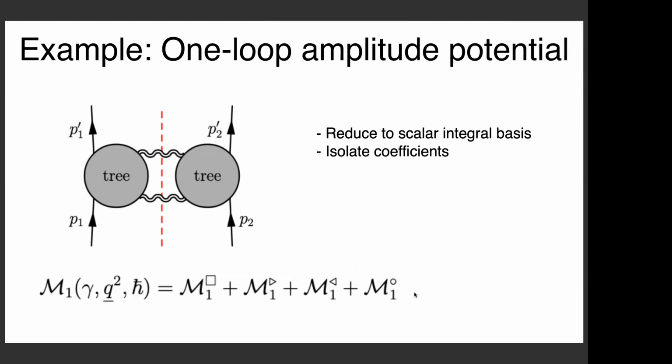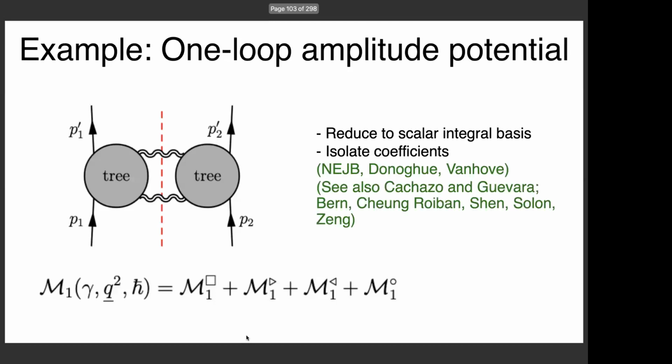So, and then we have additional contributions, but we don't have to consider those contributions if we're just concerned with classical gravity. So for classical gravity, this is enough to constrain the one loop amplitude and derive this Laurent expansion that I showed before. So what we have to do is we have found the scalar integral basis. Now, in front of each of these integral functions, we have to derive coefficients.